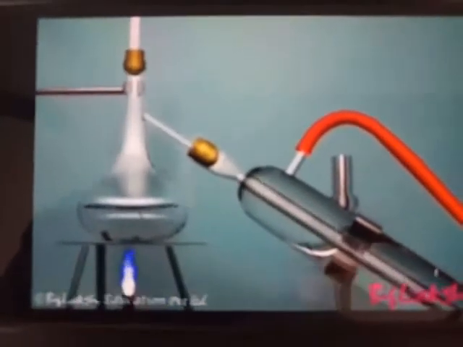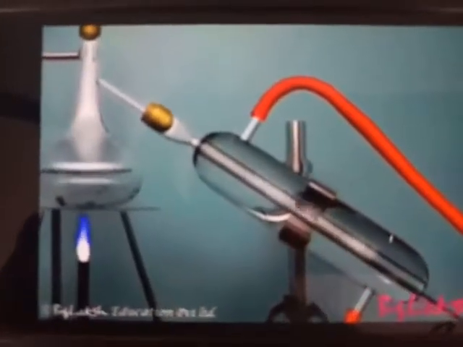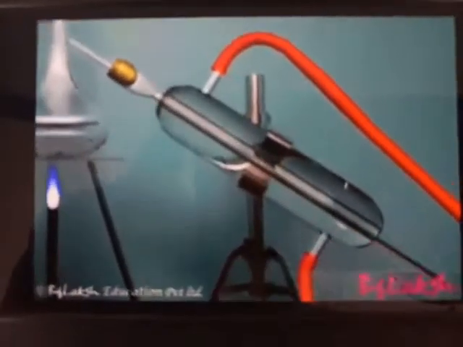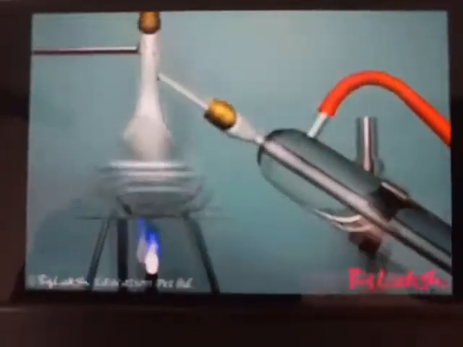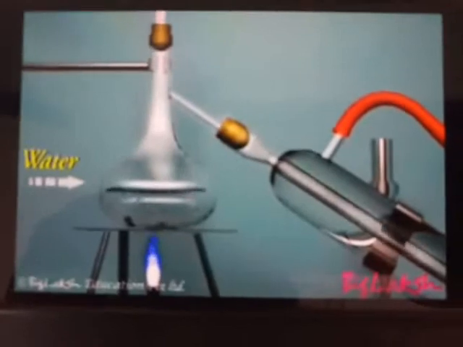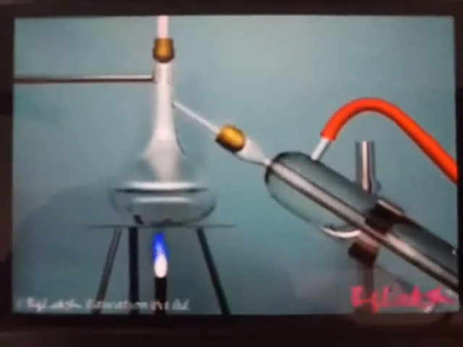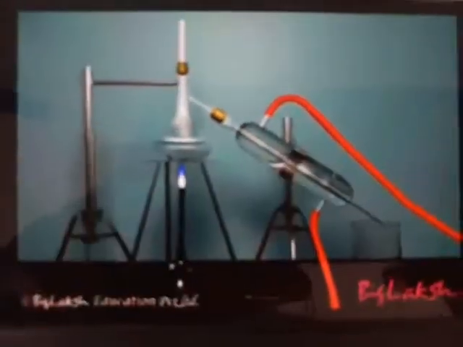See, the acetone vaporizes and condenses in the condenser, and this acetone is collected at the condenser outlet, and the water is left behind in the distillation flask. Like this we separate acetone and water from each other by the process called distillation. The acetone is separated first based on its boiling point.